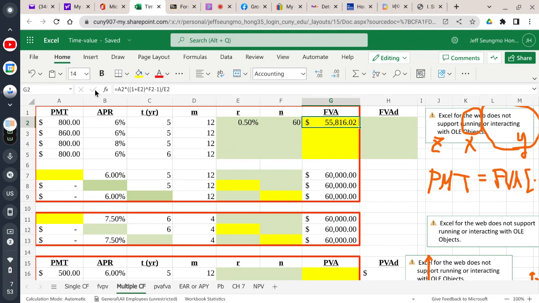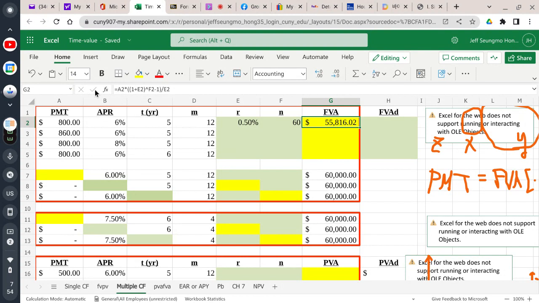That's what started all of this. So our question is, did we meet our goal? Of course not, because our goal is 60K. We just got the future value of all those $800 deposits, but it still falls about $4,000 short of the target future value.